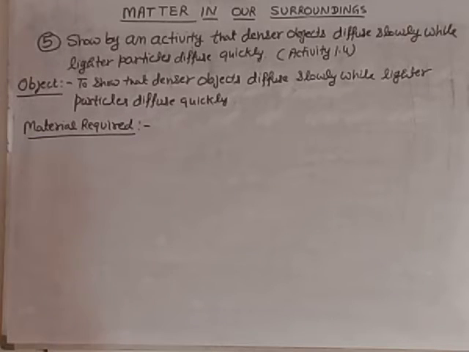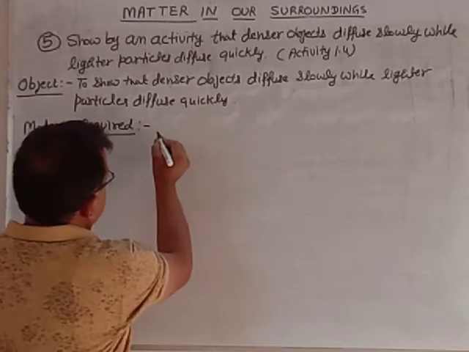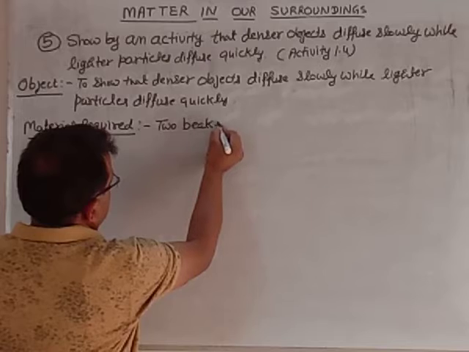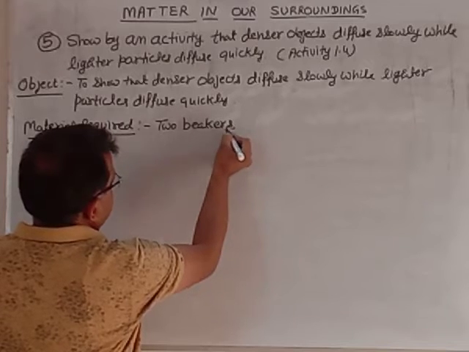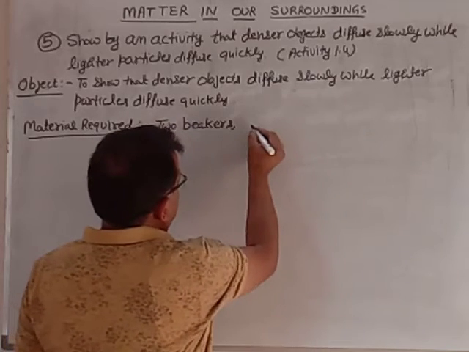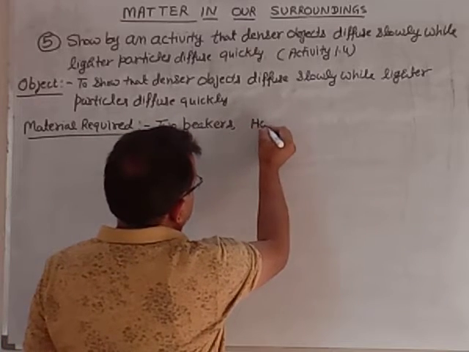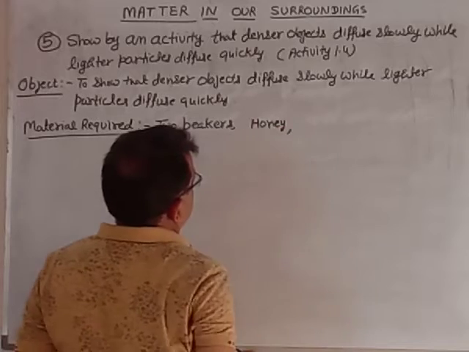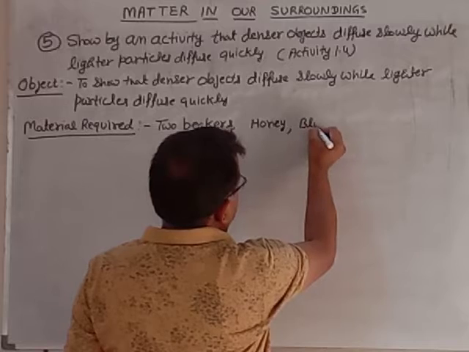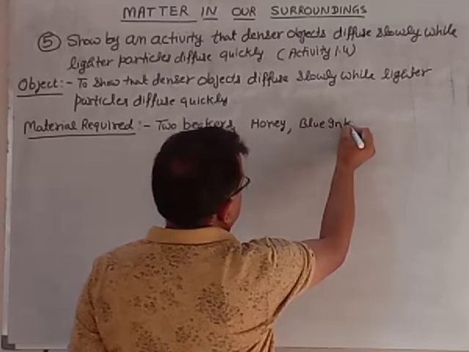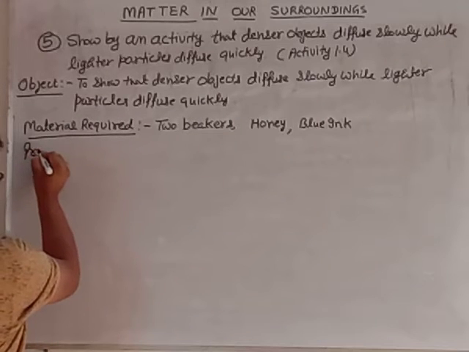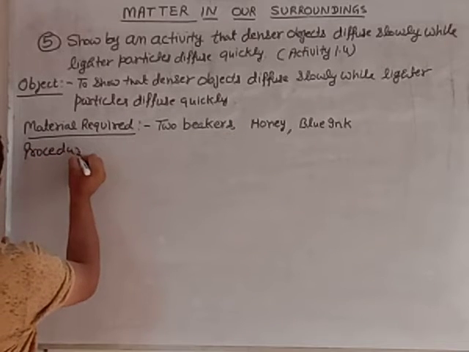For this, we require two glasses or beakers, a heavy or denser substance like honey, and a light substance like ink, blue ink or red ink. Procedure. What shall we do?